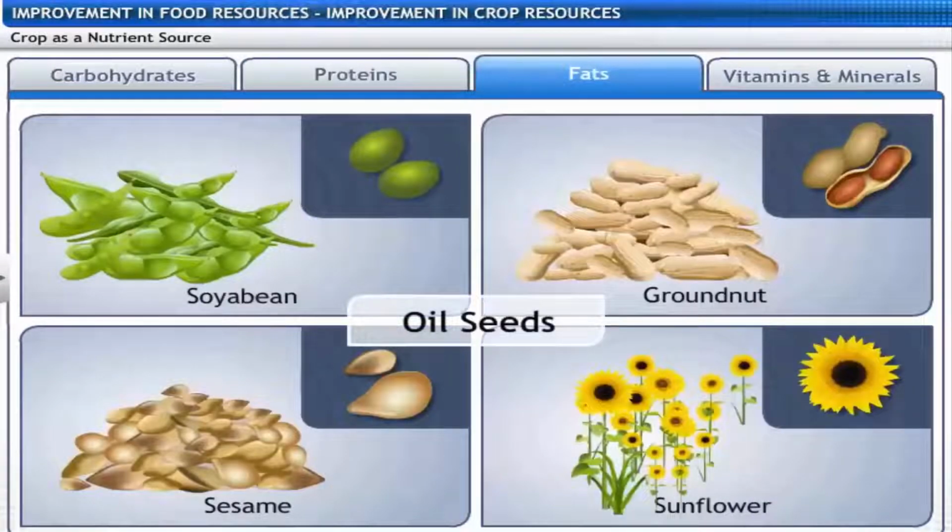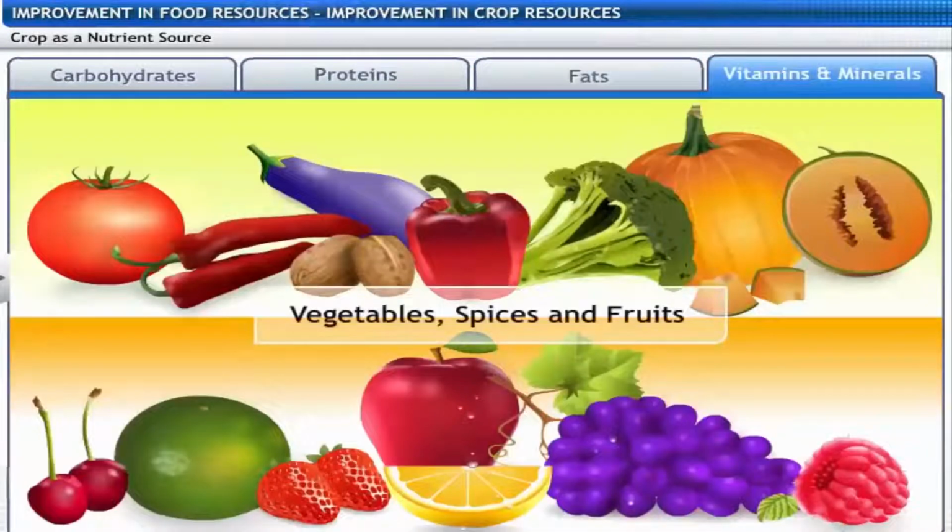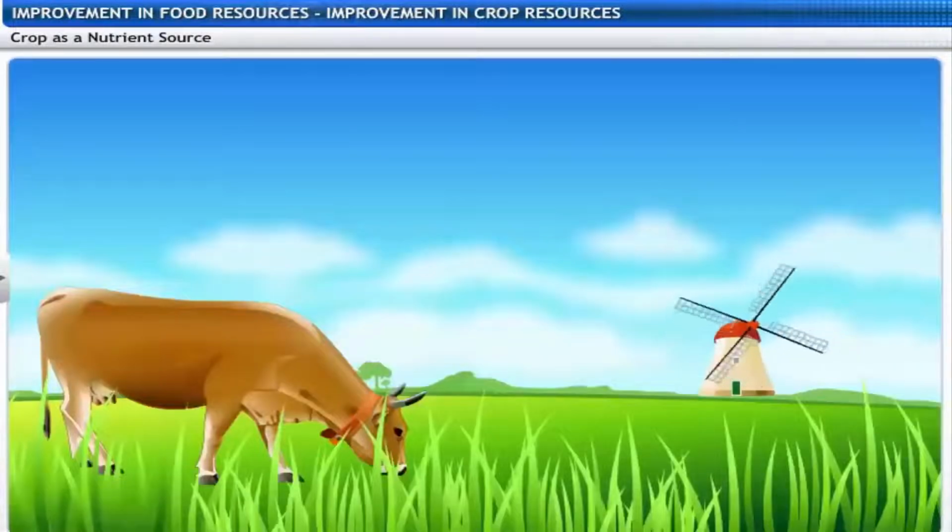Oil seeds provide fats. And vegetables, spices and fruits provide vitamins and minerals. In addition to these, fodder crops provide food for livestock.